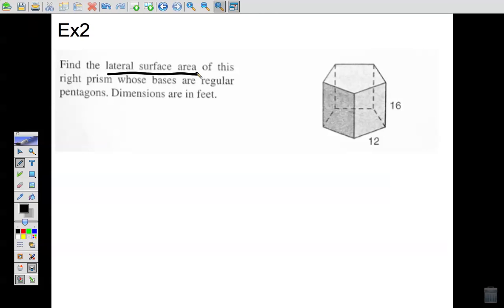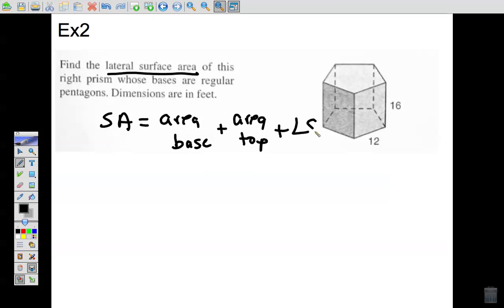For example, surface area is equal to the area of the base plus the area of the top plus LSA, the lateral surface area. Even though we're not going to use this today, it's tied in closely with this.